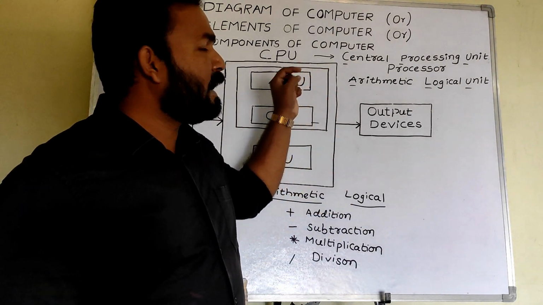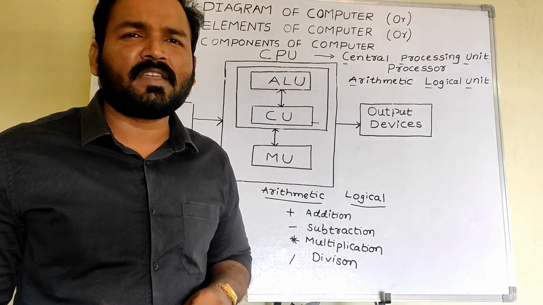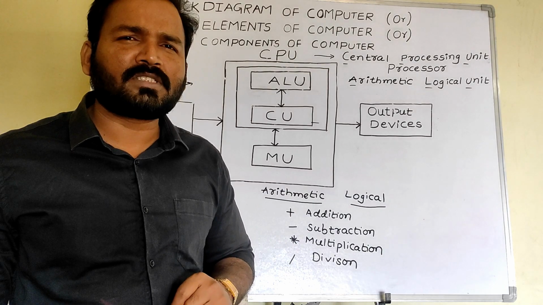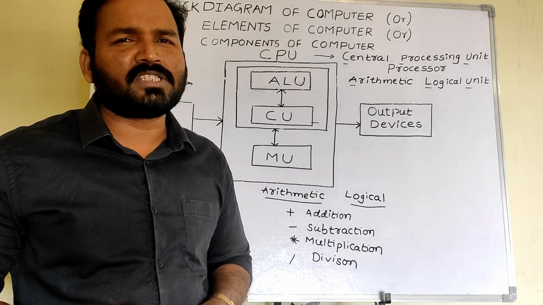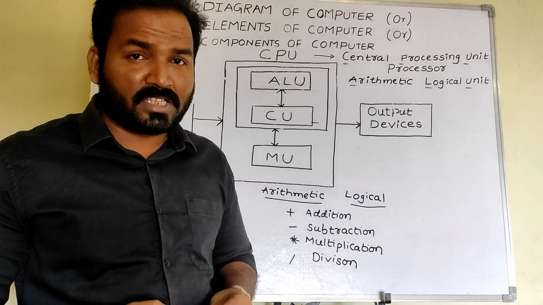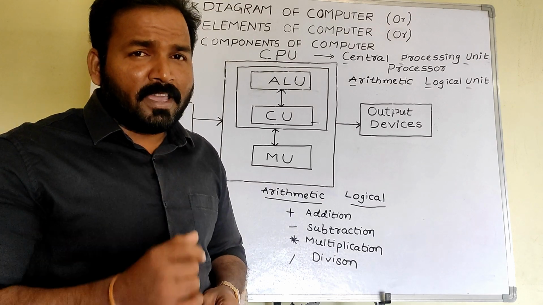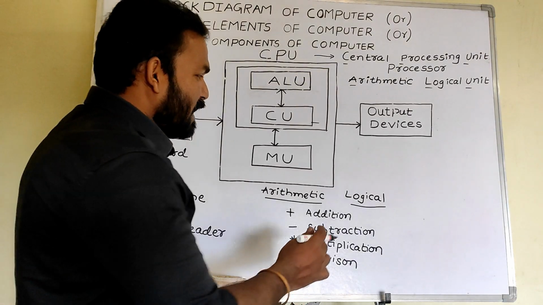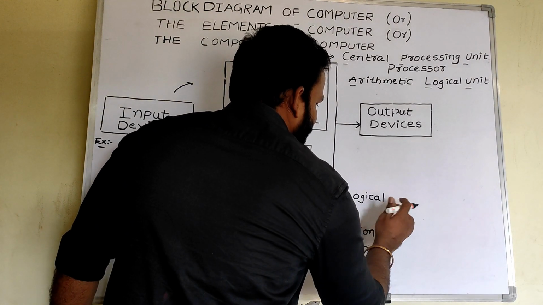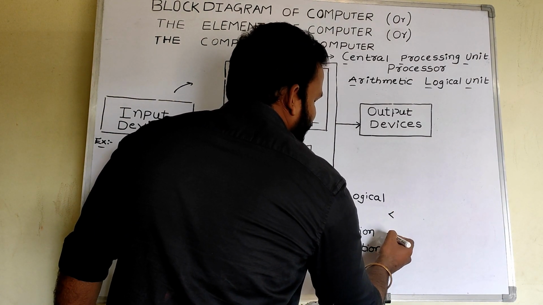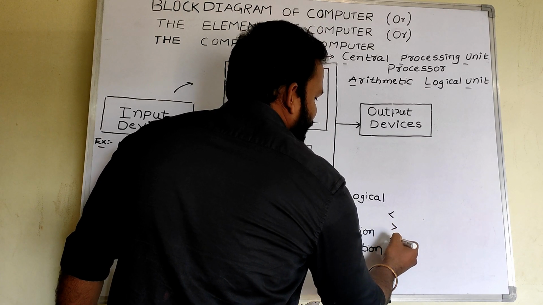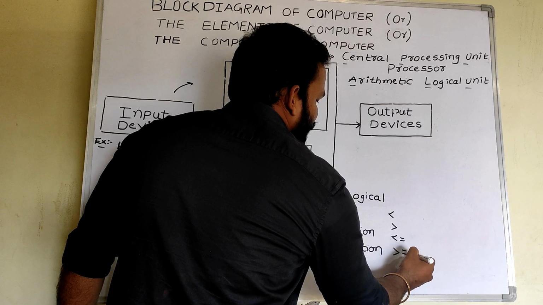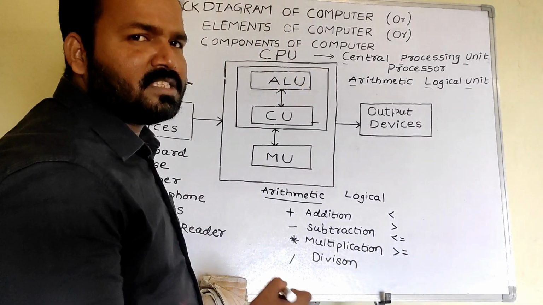Next, ALU not only performs arithmetic operations, it also performs logical operations or logical calculations involving comparisons. Okay, involving what? Comparisons, such as less than, greater than, less than or equal to, greater than or equal to. So all these are operators.